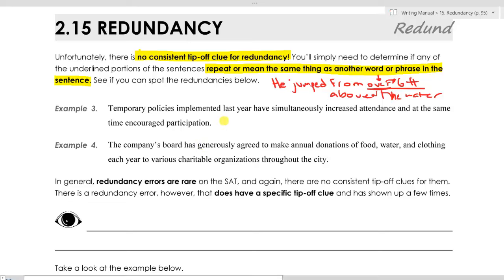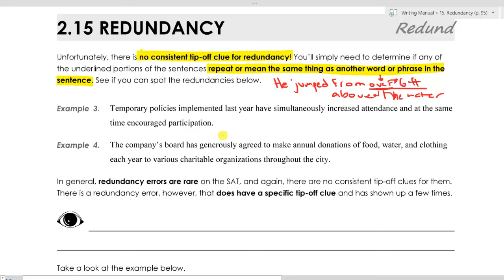In example 3, we have: temporary policies implemented last year have simultaneously increased attendance and at the same time encouraged participation. Some students say that the increasing attendance and the encouraging participation are redundant. Those are not redundant. Those are two completely different ideas. Getting people to class and getting people to participate once they're in class are two different ideas.